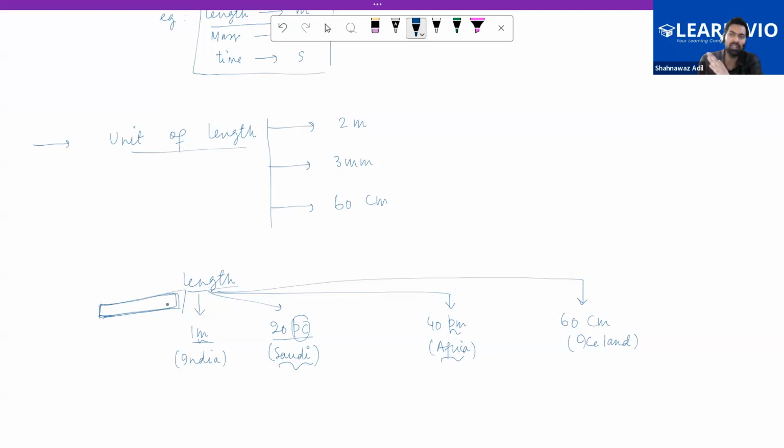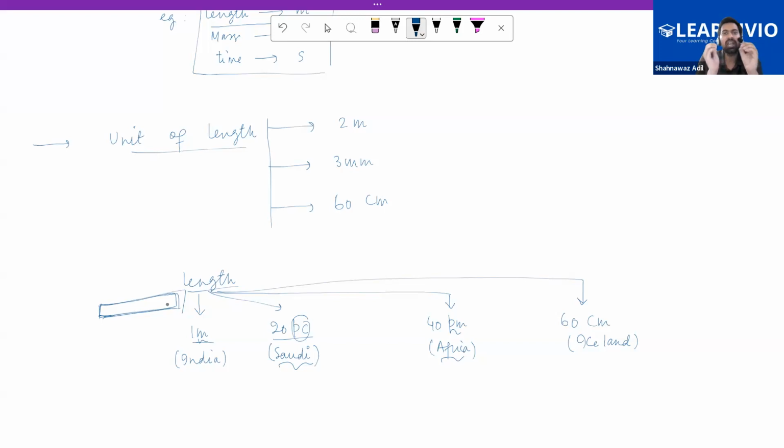We should have an agreement that we define length in this particular unit, not in the other units. Then it will not create any confusion. So I should have a particular system of units which is applicable everywhere, which is accepted by all.